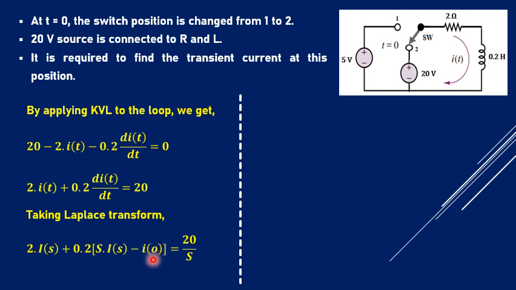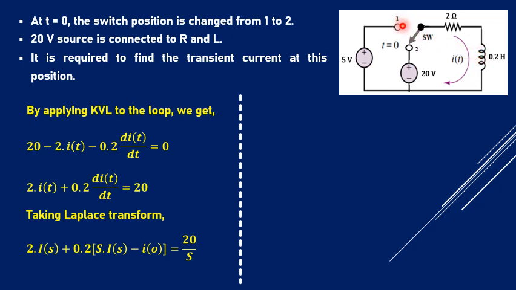The meaning of initial condition is the current flowing through the inductor at the instant the switch is closed from position 1 to 2. We already found that when the switch is at position 1, the current flowing through the inductor is 2.5. Now when the switch is closed to position 2, the initial current flowing through the inductor will also be 2.5, because the inductor does not allow sudden change of current.